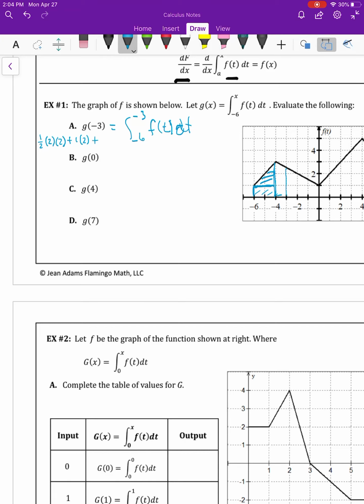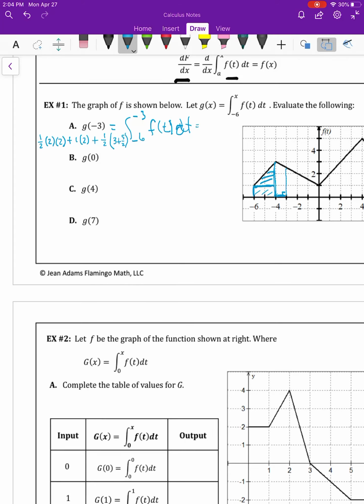And we have a trapezoid that has a height of 1, because look, that's your perpendicular distance between your parallel sides. And your parallel sides are 3 and let's say 2.5. So we've got 1 divided by 2 times 3 plus 2.5 is 5/2.